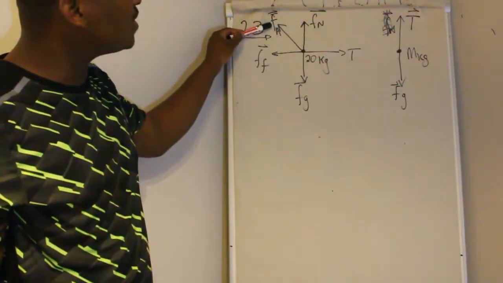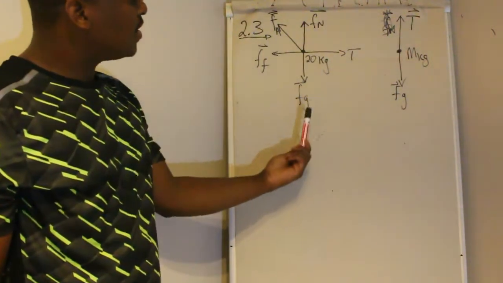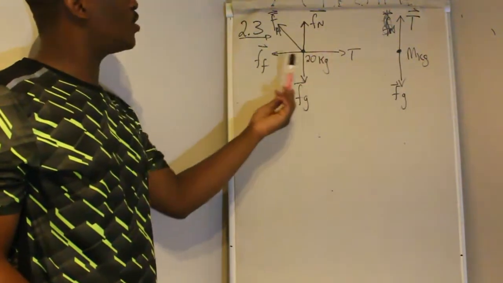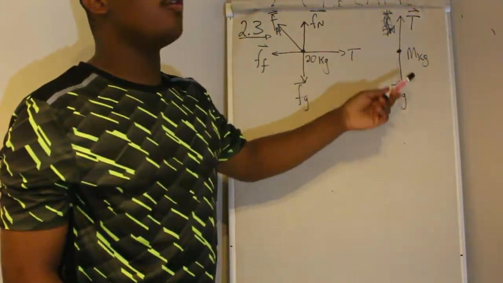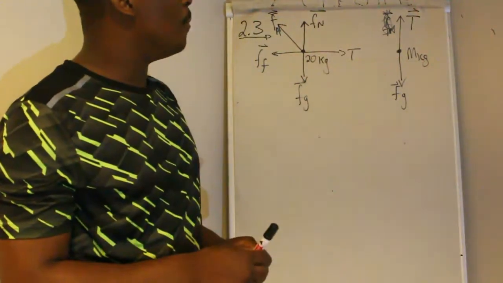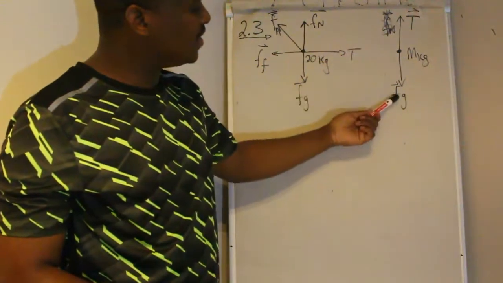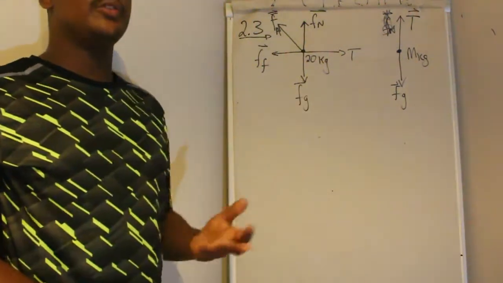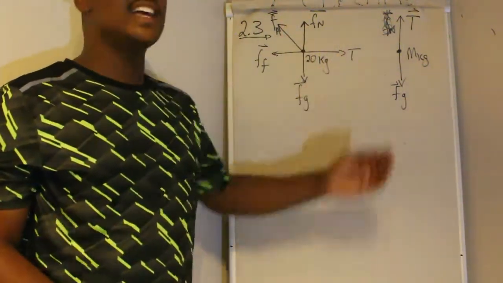So I've redrawn this free body diagram. This is the force applied, the normal force, the tension force, the force of gravity or weight, and this is the frictional force on the 20 kg block. Here's the free body diagram for block P and Q, with the tension force and the force of gravity. Also note, no one told you to draw the free body diagram for the second block.